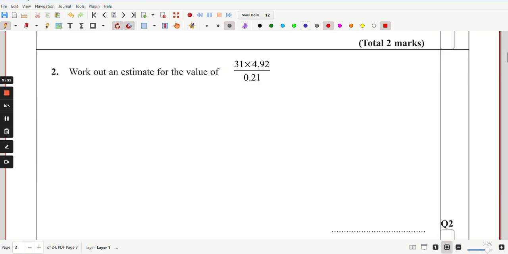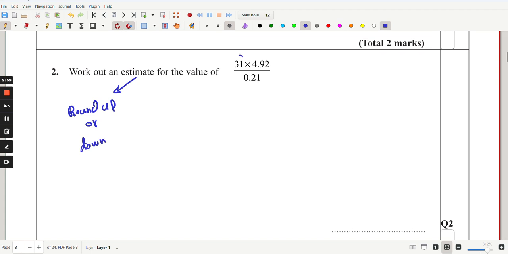Now question 2, work out an estimate for the value of 31 times 4.92 divided by 0.21. Here we know that this is a non-calculator paper, so they are asking us to estimate it. That means you should round up or down to estimate your answer.